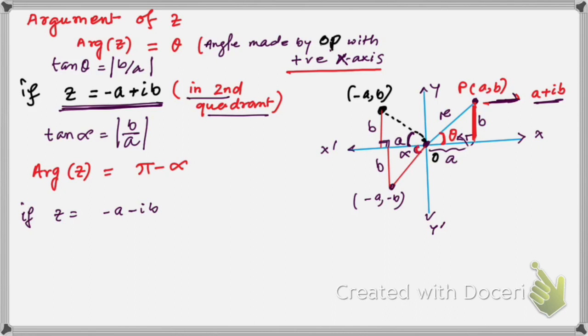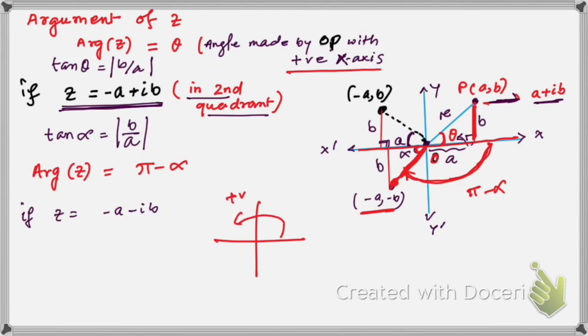Now the angle made by this line joining the origin and the point representing the complex number: this angle is pi, and this part is alpha, and if you subtract, you get pi minus alpha. But when you go anti-clockwise we take positive, and when you go clockwise we take negative.